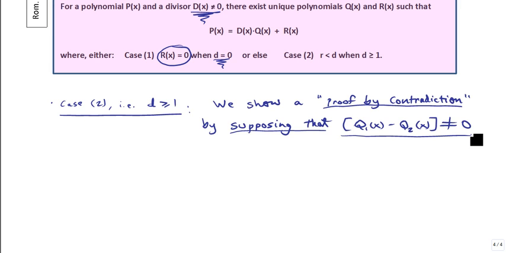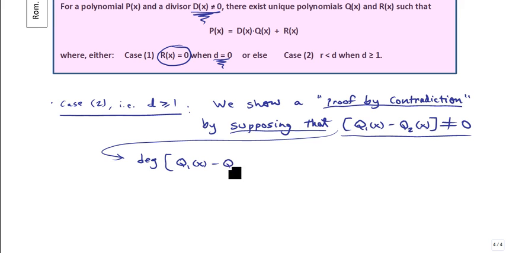All right, so if this supposition is true, then the degree of this difference times the divisor polynomial has to be larger than the degree of just the divisor polynomial, which we were denoting always as little d.